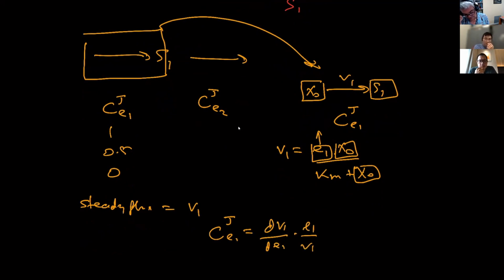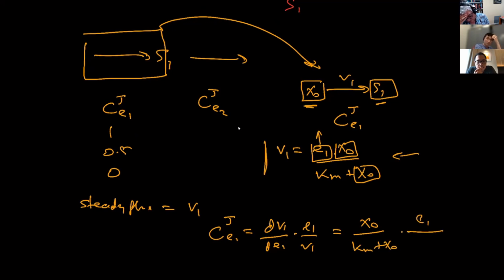I can do that because V1 in this case is the flux, because both the reactant and the product are fixed, right? So if I differentiate this one here with respect to E1, I get X0 over Km plus X0 times E1 divided by V1. Well, V1 is this expression here, so I'll divide by it.